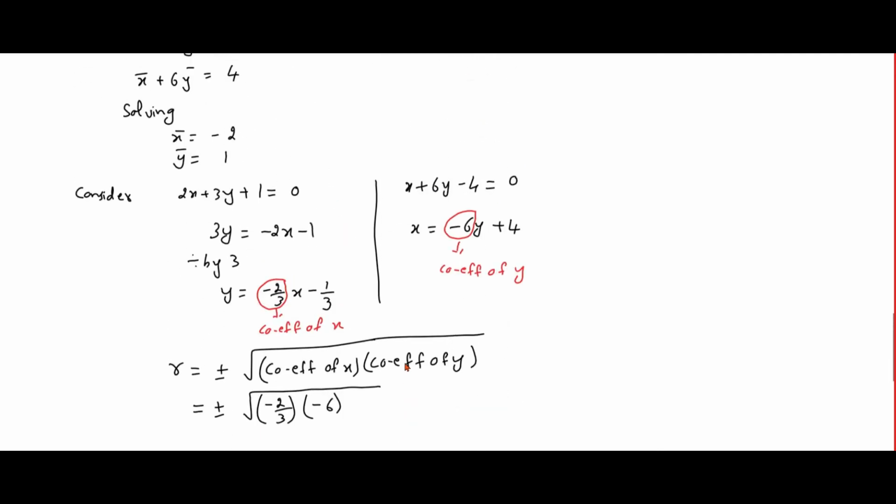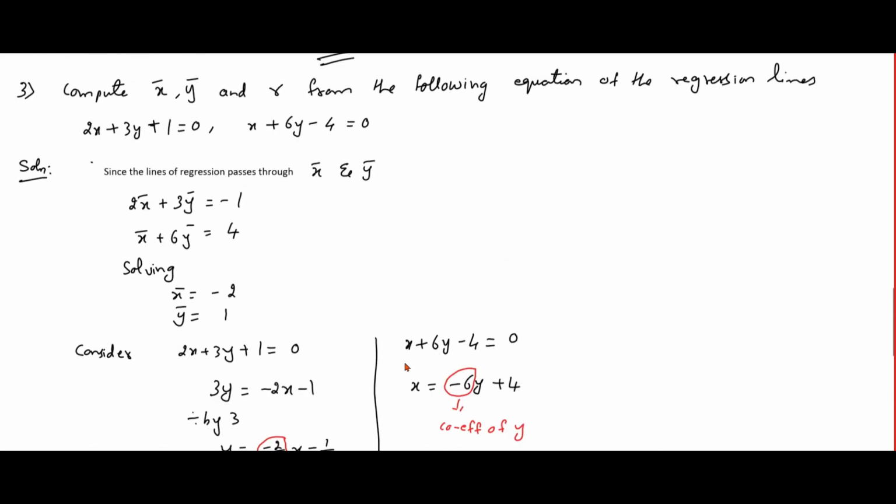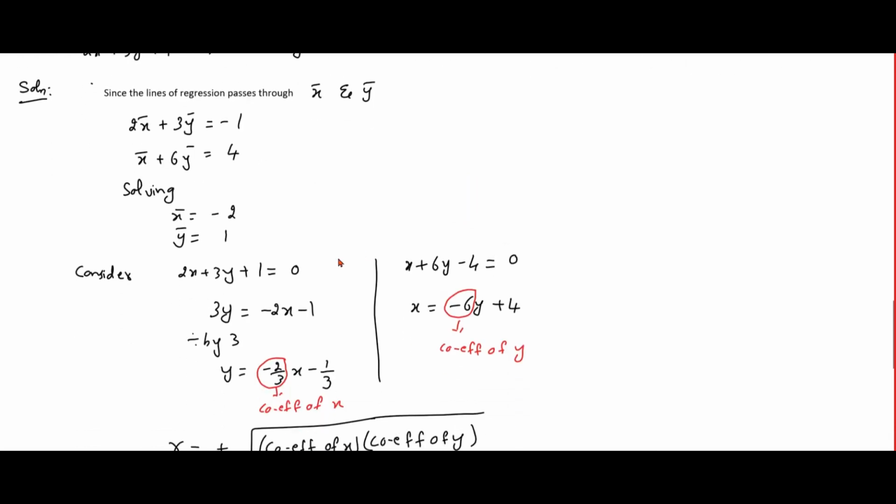So these equations which are given to us, the original equations, let me take as equation number 1 and equation number 2. Whenever you come across this type of condition, interchange the way that you have written. In the first equation I wrote y is equal to, now I'll write x is equal to. And from equation 2, where I had written x is equal to, I'll write y is equal to.